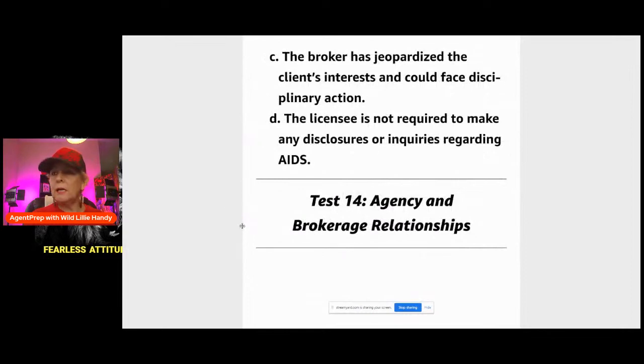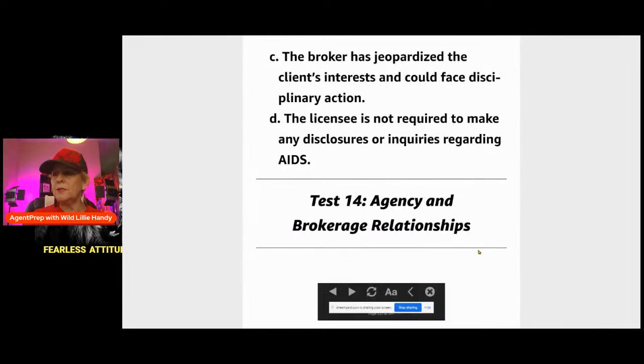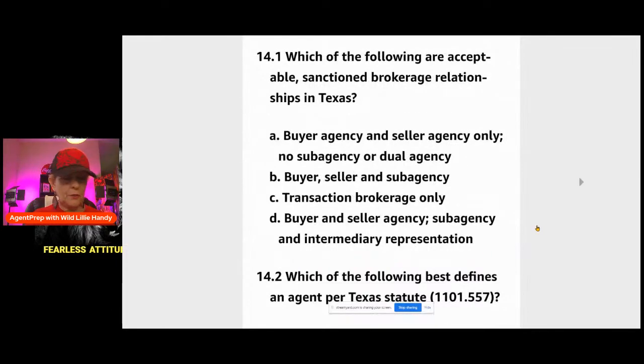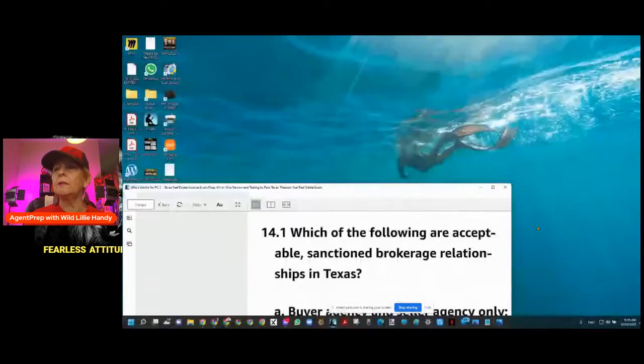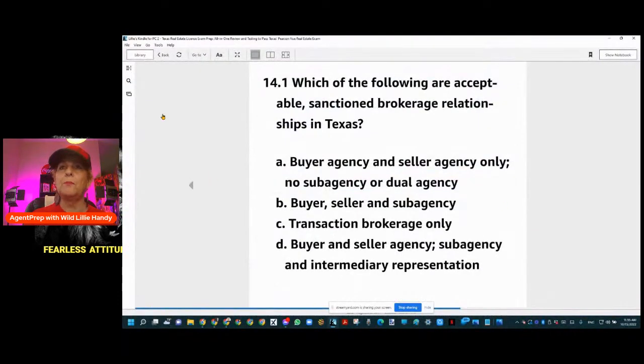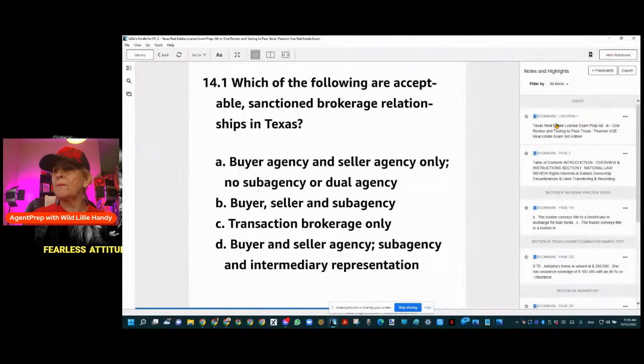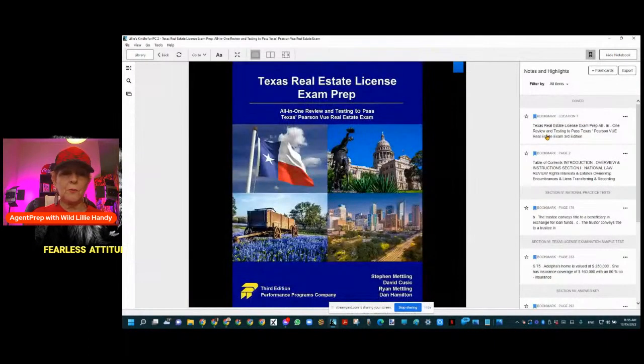Okay. And now, you know what? I should let you all know what book we're using, in case anybody has bought the book and wants to know. This is the book we're using. So towards the end of the book, there's an exam with 100 questions that we did in 4 sessions, series 1 through 4, Texas real estate exam, right?